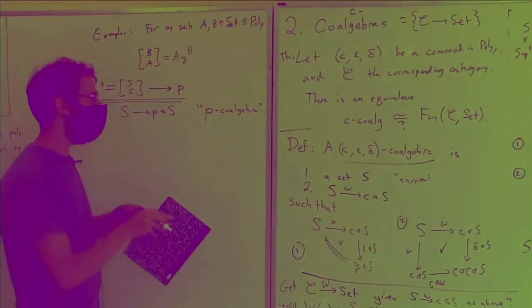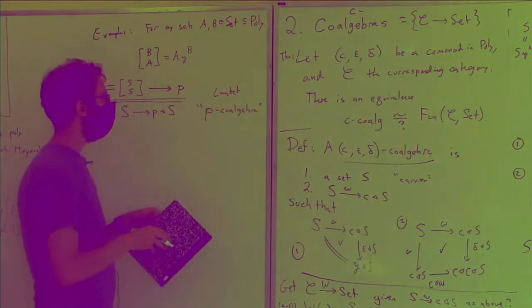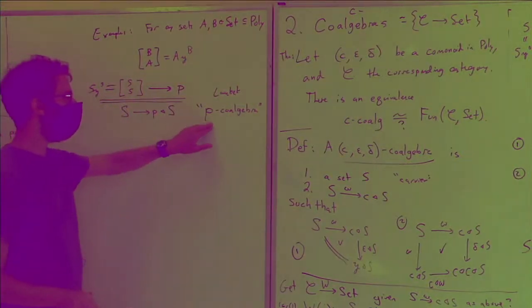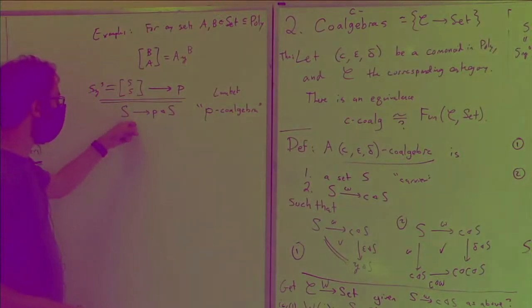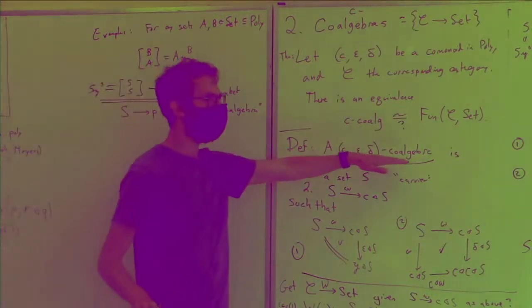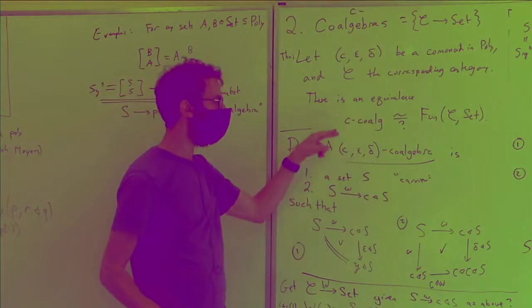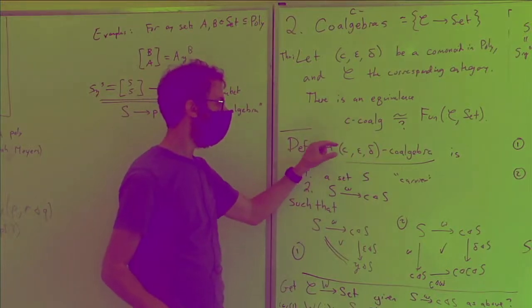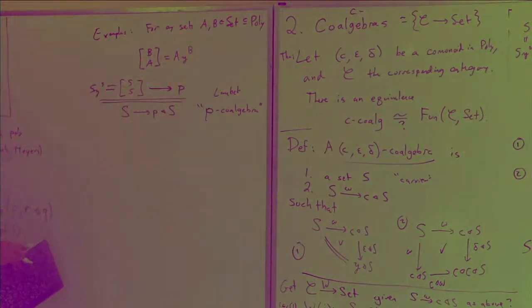These are sometimes called Lambek style. In Lambek style, P is just a functor. And we're looking at coalgebras for that functor. They're just a set with a map from S to P of S. In kind of Eilenberg-Moore style, a coalgebra would be on a comonad like this one, or a comonoid. And then you would have these extra conditions. So that's kind of a confusion of notation or terminology.